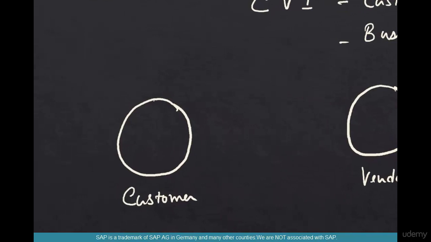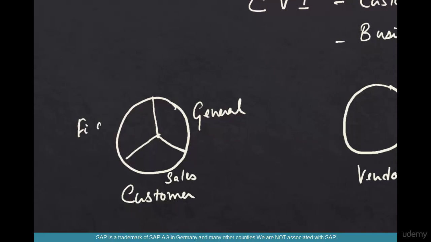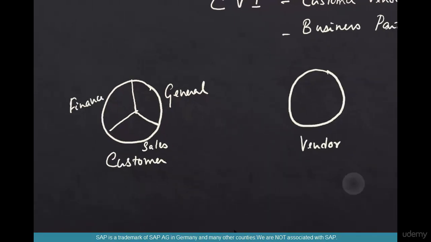Customer data is divided into three parts: general data, sales data, and finance data. Same thing with the vendor, divided into three parts: general data, finance data, and purchasing data.